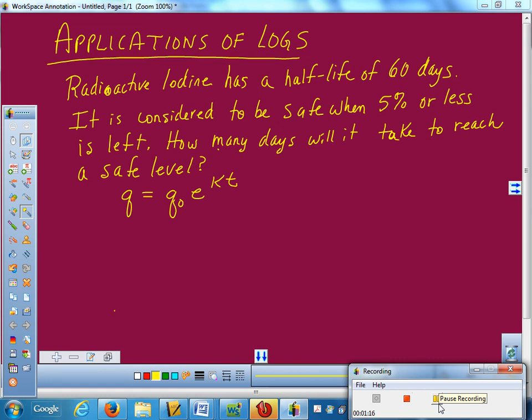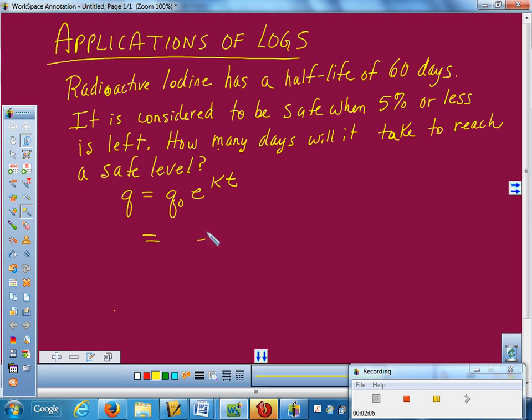You're going to have to find K, because I asked how many days will it take? You can't solve that if you don't know K first. So you're going to have to solve two problems to get to this answer. You always find K first, then find what they actually asked for. Finding K is actually pretty easy if you know the secret.